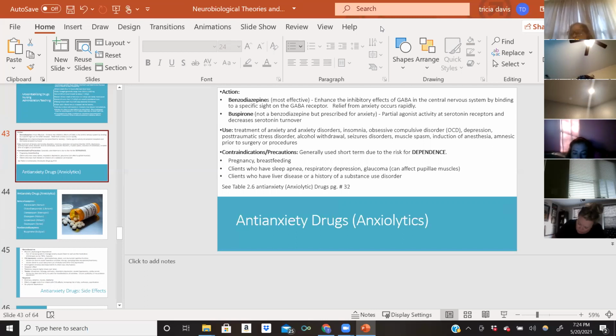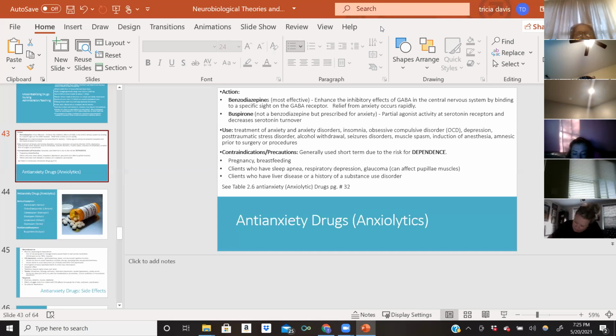We use these medications to treat anxiety, anxiety disorders, insomnia, obsessive compulsive disorders, depression, post-traumatic stress disorder, alcohol withdrawal, seizure disorders, muscle spasms, sometimes with the induction of anesthesia. It just kind of helps sedate them a little bit before they actually completely go under. And then as an amnesic prior to surgeries or procedures.